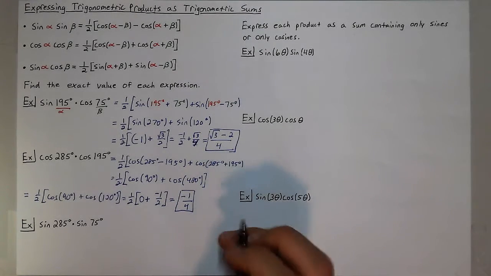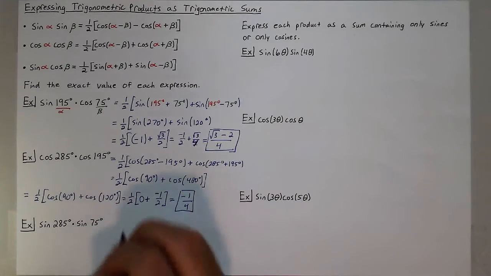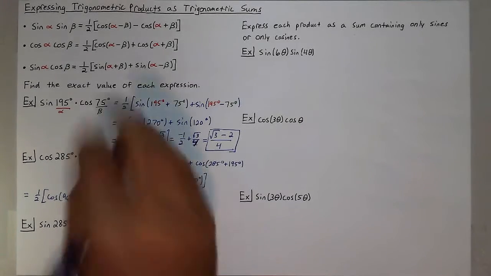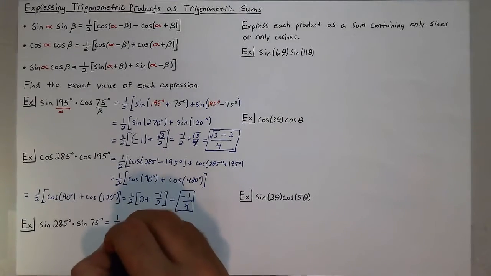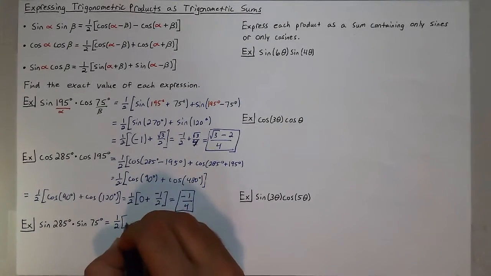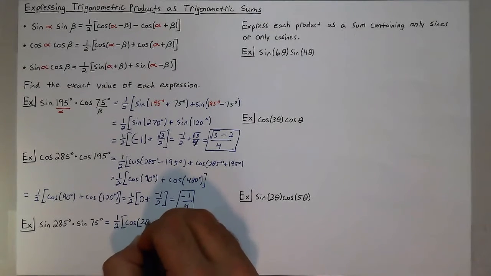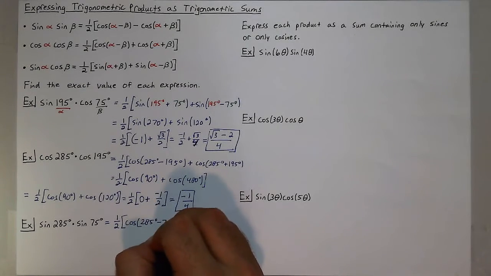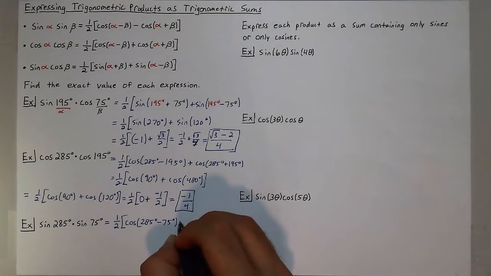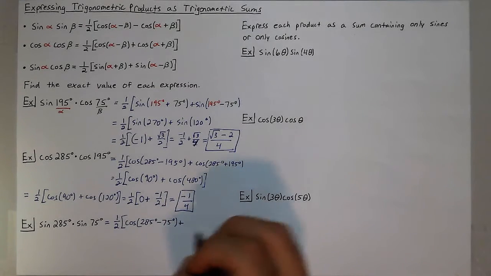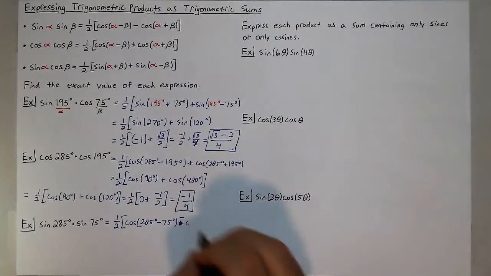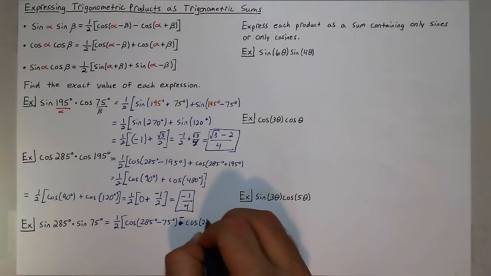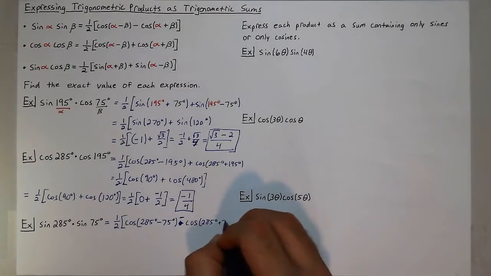All right, next up, I have sine of 285 times sine of 75 degrees. And I can use that sine times sine product to sum formula. That gives me 1/2 of cosine of 285 degrees minus 75 degrees, oh sorry, not plus, minus, using the minus there, the cosine of 285 degrees plus 75 degrees.